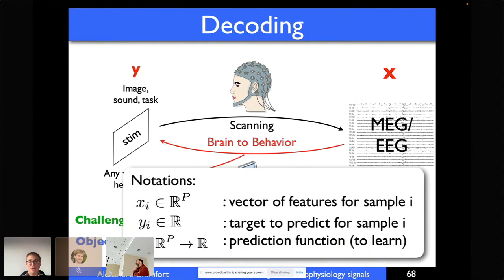In terms of notation, we'll denote the Xi's as vectors of dimension p, and the target I will assume is just a scalar, a single continuous float, or -1 and 1 in the context of classification. You want to learn a function from Rp to R. P is your number of features, and you will have n observations, n samples.